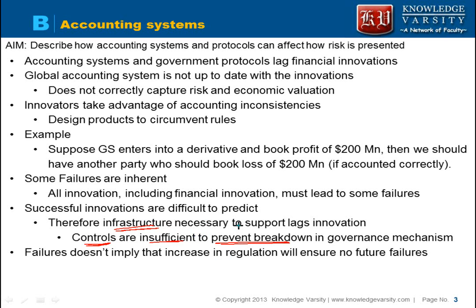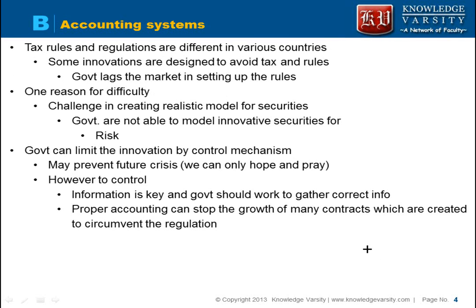No, that cannot happen. Even in normal cases, you have so many police, still crime happens, right? So you cannot stop that. Controls are insufficient to prevent the breakdown. Please note that failures do not imply that an increase in regulation will ensure that no future failures will be there. No, it cannot be said.